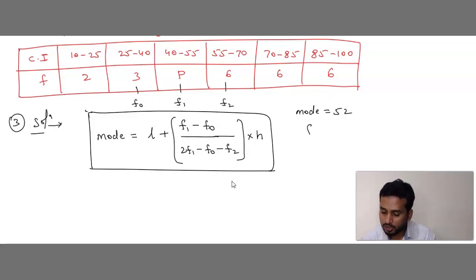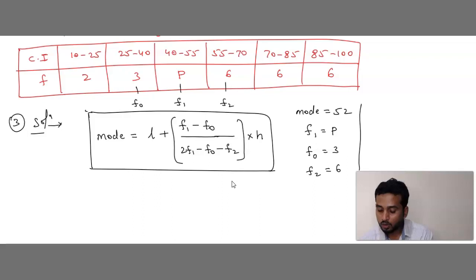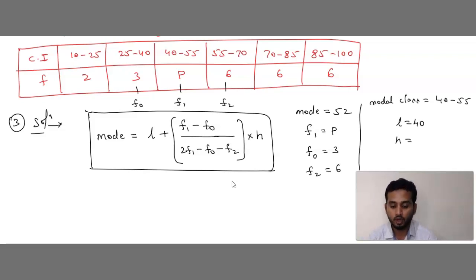Okay, shall we write here? F1 is P, F0 is 3, F2 is 6, and then what is modal class? Modal class is 40 to 55, in which L is 40 and H is 25 minus 10, how much?